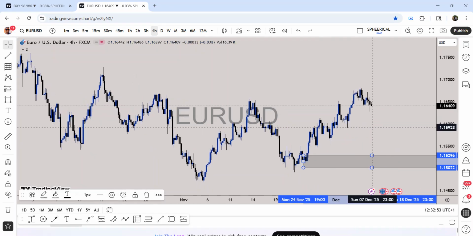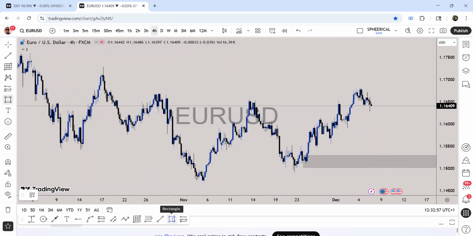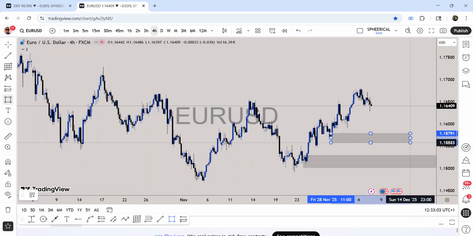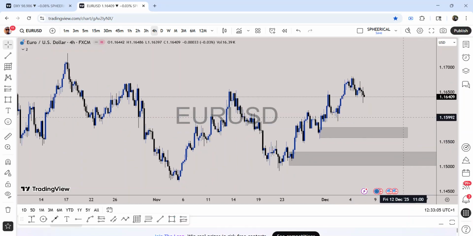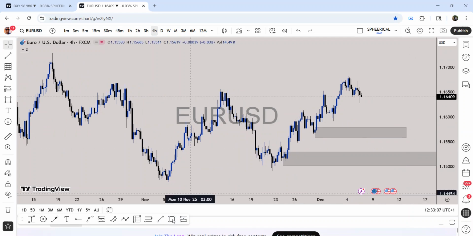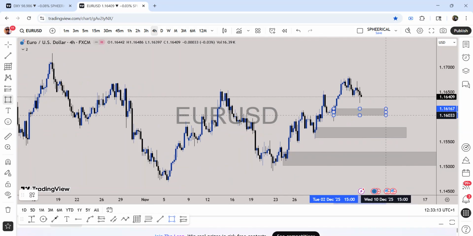Then we have this point of interest, also valid, but it needs to be taken with caution. And this place is where I believe this market is targeting. Then we also have this zone as another key level where the market is coming to.